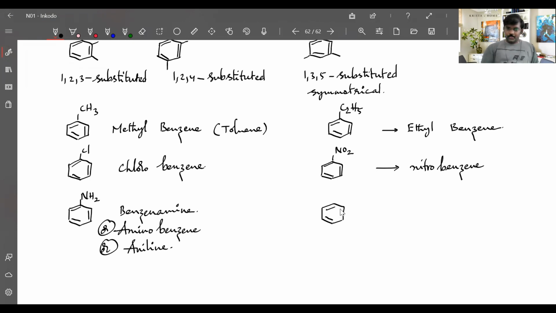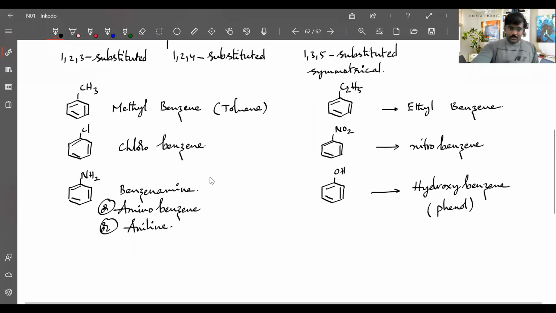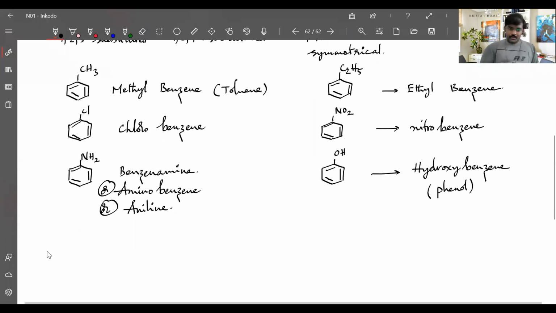So next, on the benzene ring, if you keep an OH group, this is called hydroxybenzene, or we call it phenol. Similarly, on the benzene ring, now we'll attach CHO.